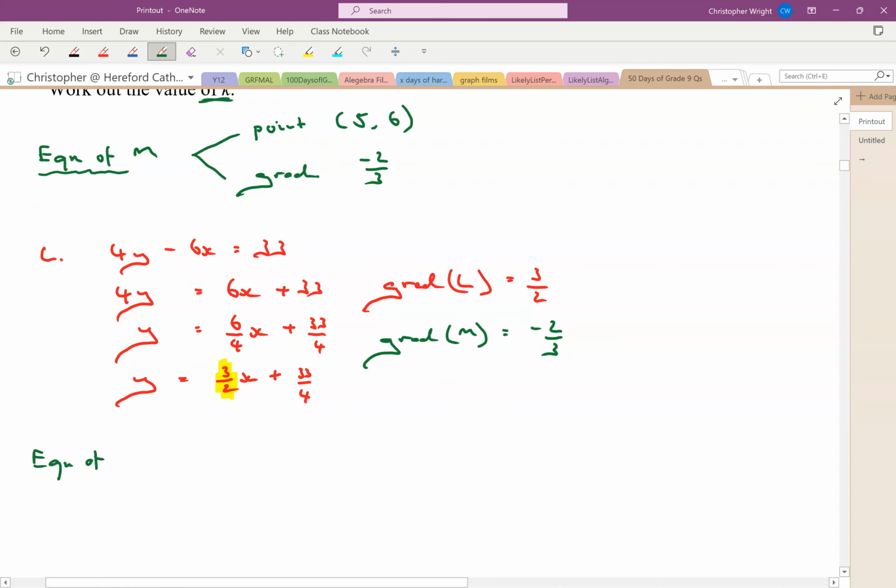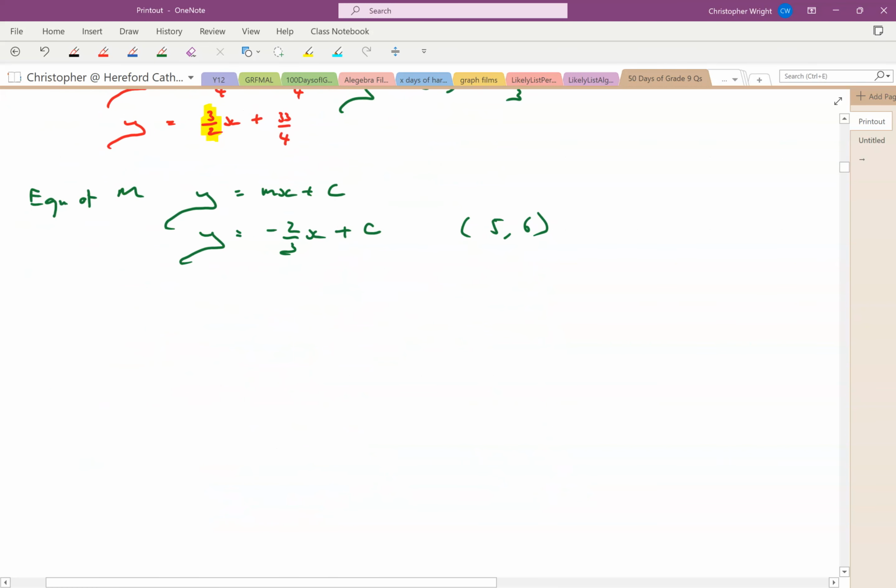Equation of M. Right, I know it's going to be y equals mx plus c, and I know that little m there is the gradient, so it's going to be y equals -2/3 x plus c. And now I use the fact that I know that a point on the line is (5, 6). So I know that when x is 5, y has to be 6. So 6 has to equal -2/3 times 5 plus c.